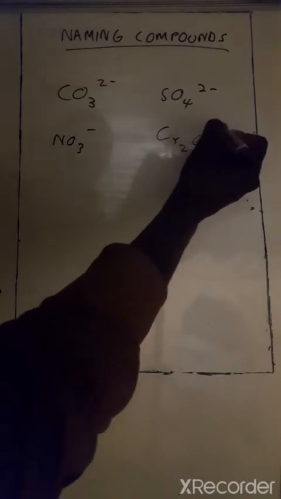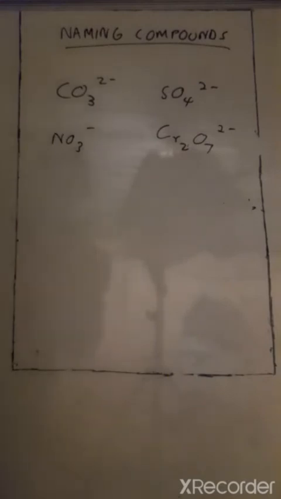Dichromate ion, and many more, the likes of permanganate ion, manganate ion, cyanide ion, nitrite ion, phosphate ion, sulfite ion, and many more. But I want to focus here now. I'm going to use these polyatomic ions to show you how we get to a compound.